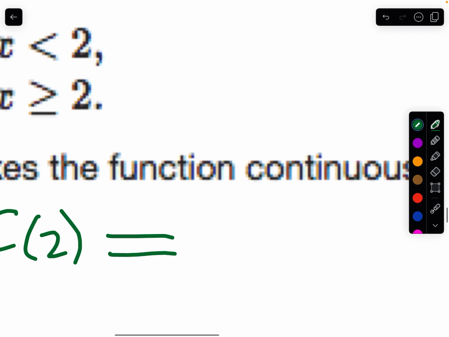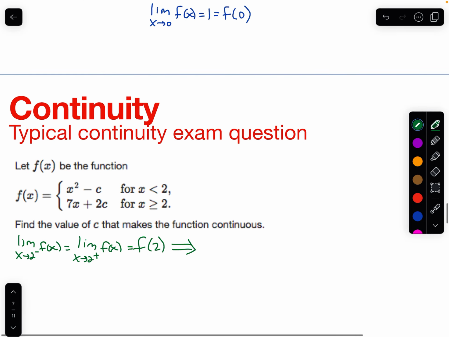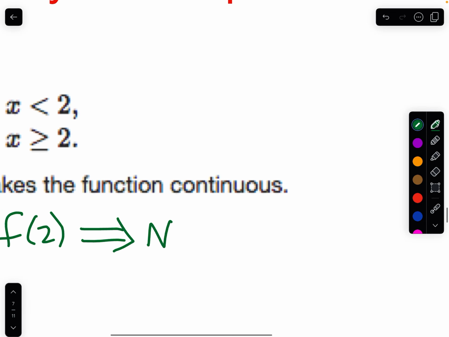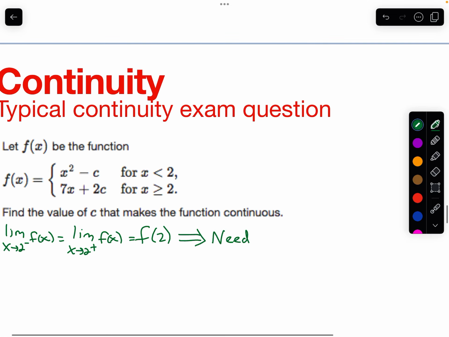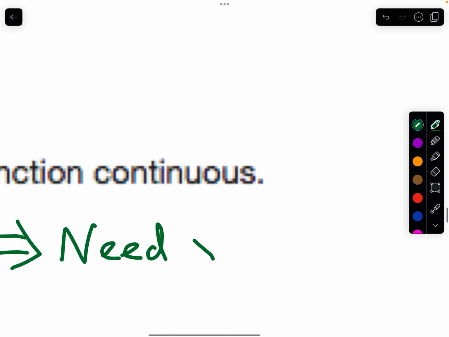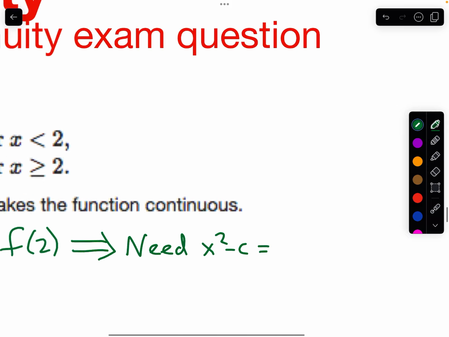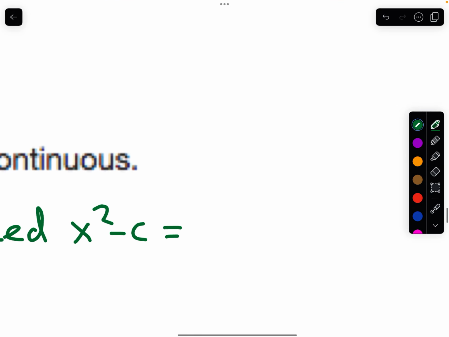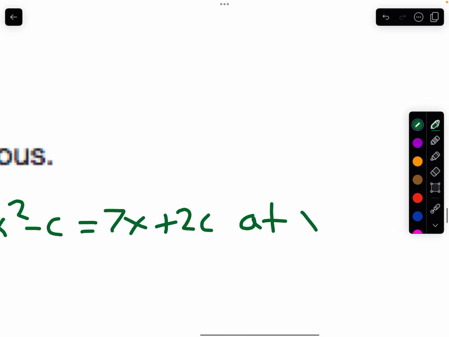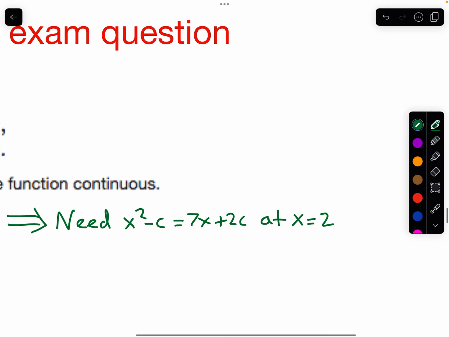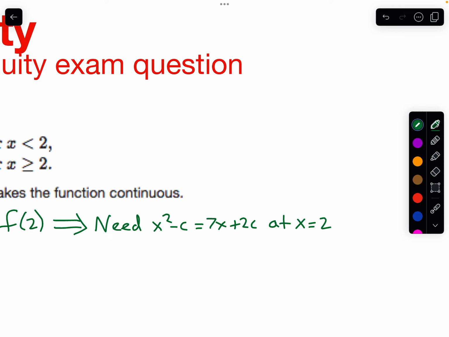From a more practical perspective, here's what I like to describe it as. For all of this to happen, we need the piece to the left of 2, that's x squared minus c, to be equal to the piece to the right of 2, that's 7x plus 2c. And we need these two pieces to come together at x equals 2. We need them to be equal at x equals 2.